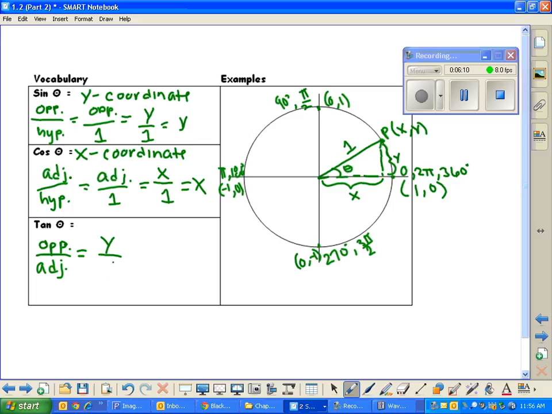is x. But what do we also know about y and x from up here? What do they also equal? Sine and cosine. Look at this. Tangent of theta is sine over cosine. We can make it official, write it next to it.